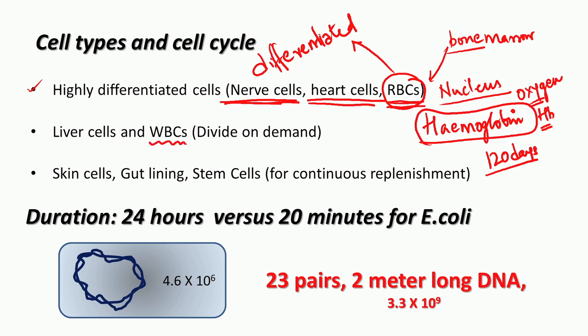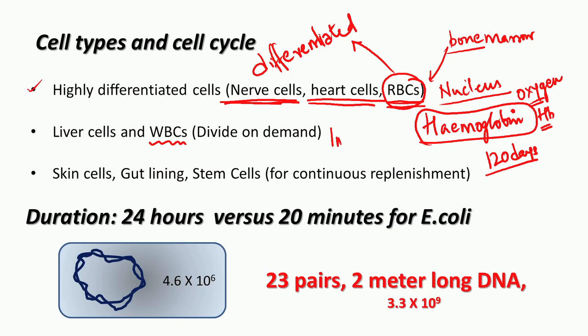And one good example is the white blood cells. Now, we all know that every time we get some sort of an infection, our body has an ability to fight it out, which is what you call as immunity, right.